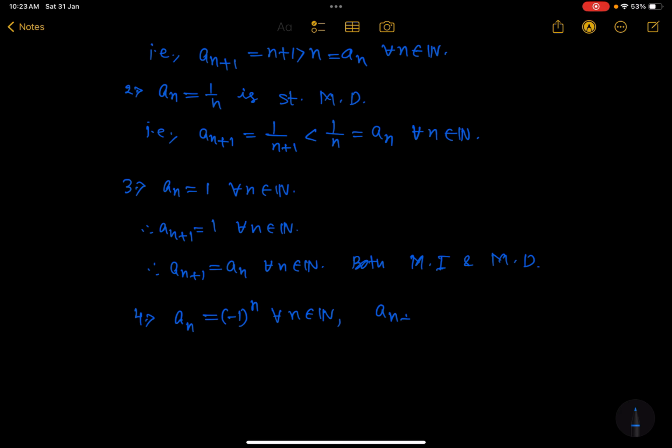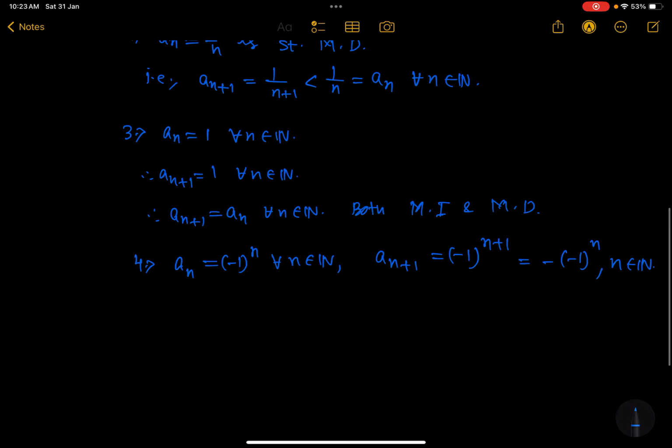What is a_{n+1}? It is minus 1 to the power n plus 1, which is minus of minus 1 to the power n, for n belonging to N. I will prove that this is neither monotonically increasing nor monotonically decreasing. Because a1 is minus 1, a2 is 1, a3 is minus 1, a4 is 1.